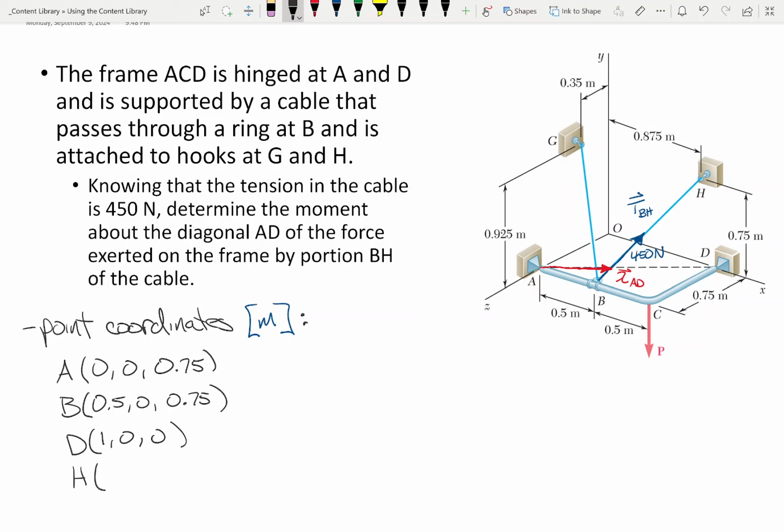And H is going to be what? Along X, 0.875. See that? That's this dimension right here. Along Y is 0.75, and then along Z, there you go. Does that make sense? Everybody okay with that?